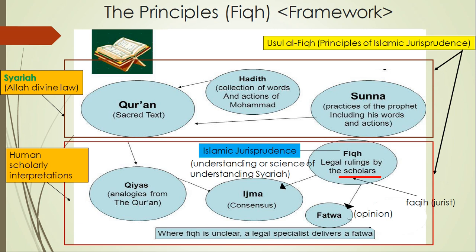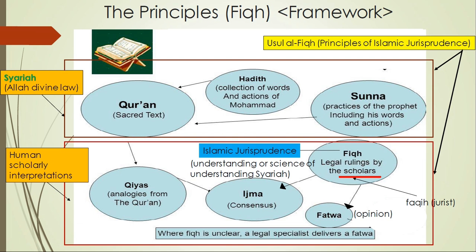You can see the top one would be the Quran, the sacred text, and from there we have the collection of hadith, and at the same time we have the Sunnah, meaning the practice of the beloved Prophet Sallallahu Alaihi Wasallam, which includes his words and actions. So it correlates with one another.